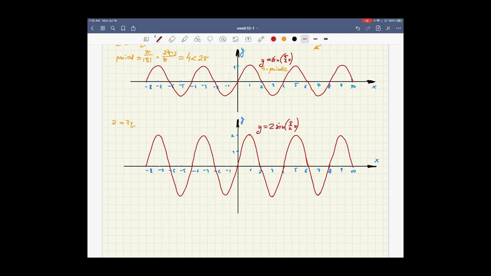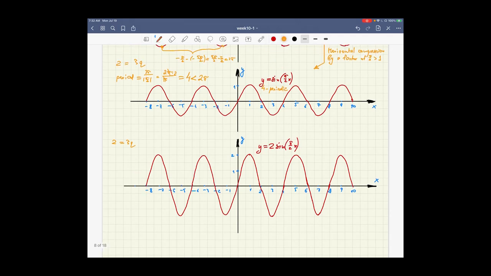It is again 4 periodic, and the transformation that we did was vertically stretched by a factor of 2.